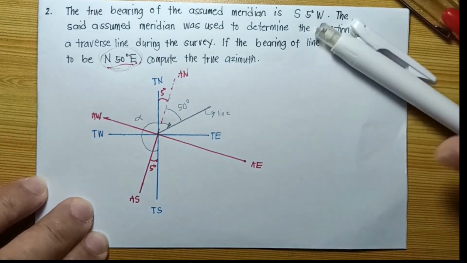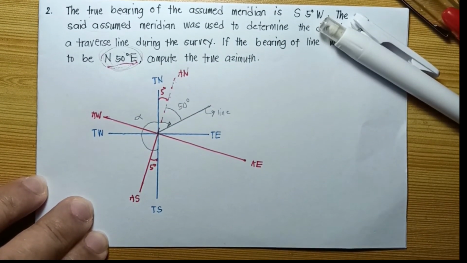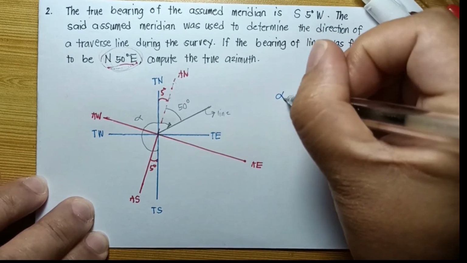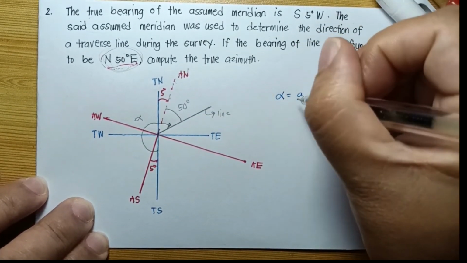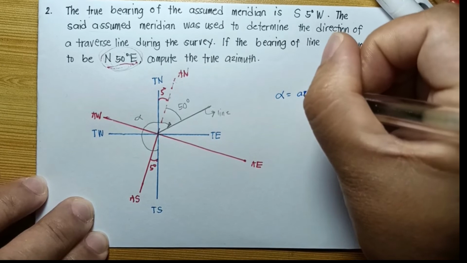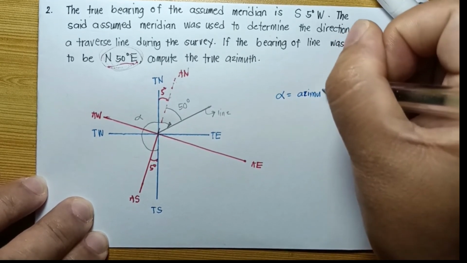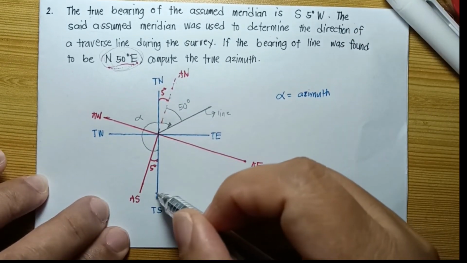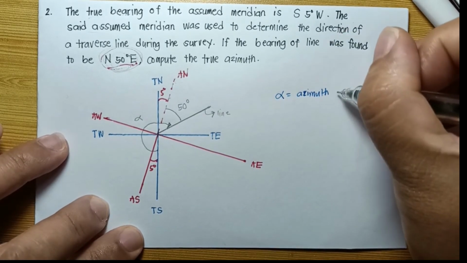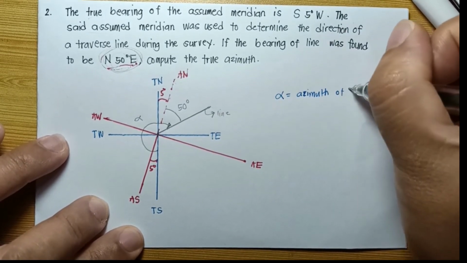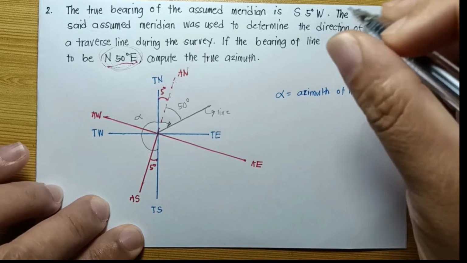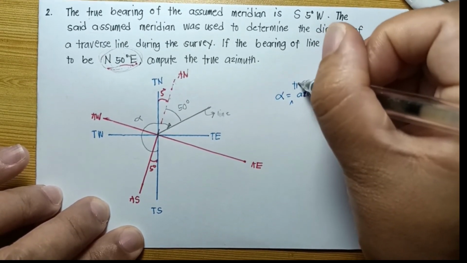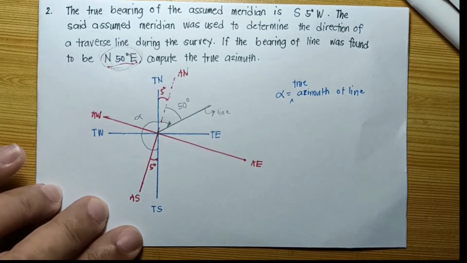Alpha is the azimuth, or the true azimuth of the line, because it is reckoned from the true south.